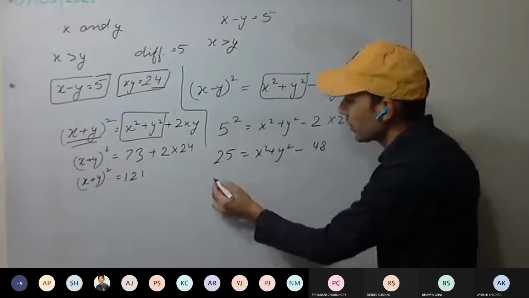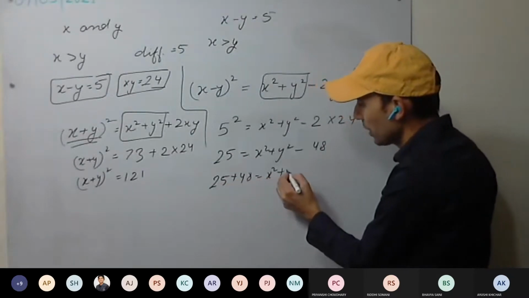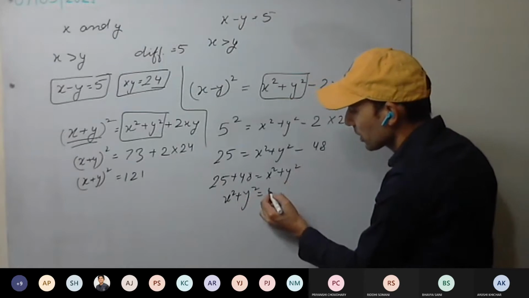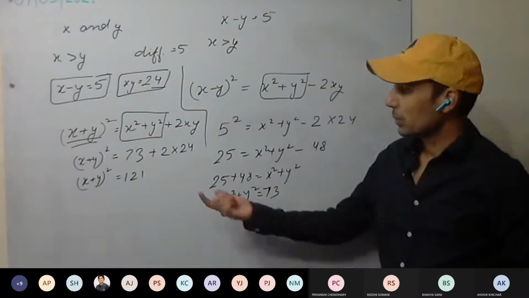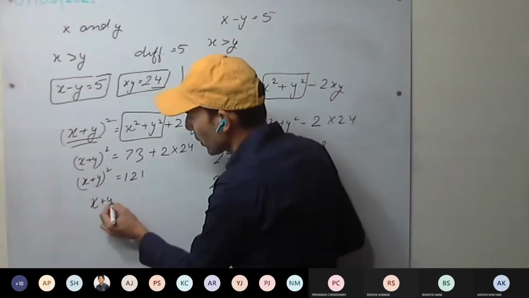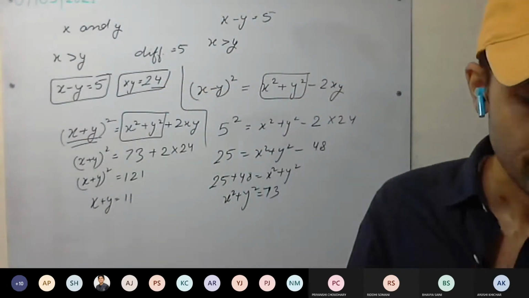Taking it to the left side, 25 plus 48 equals x square plus y square, which is 73. And x plus y comes out to be 11 because x and y are both positive numbers. Understood?